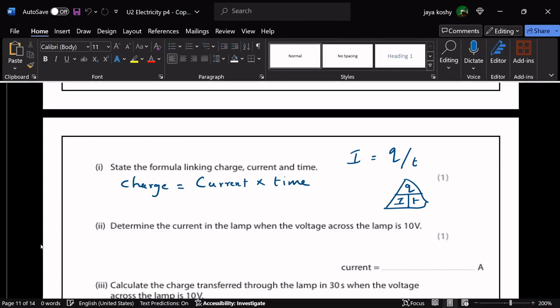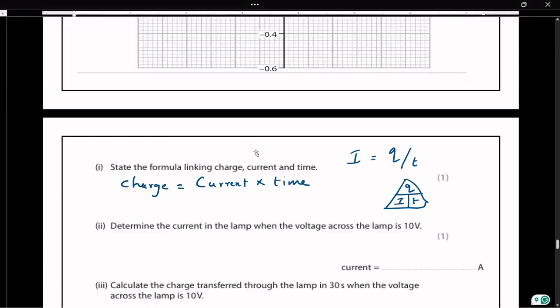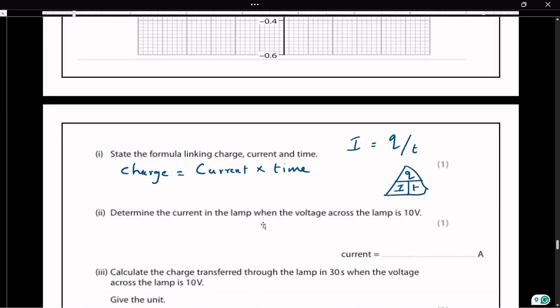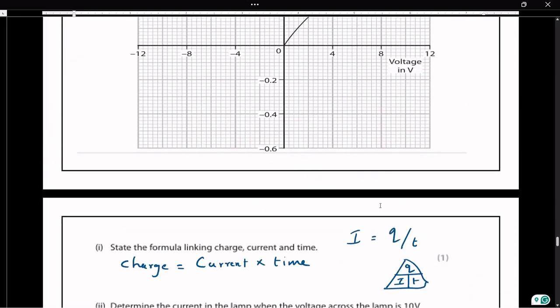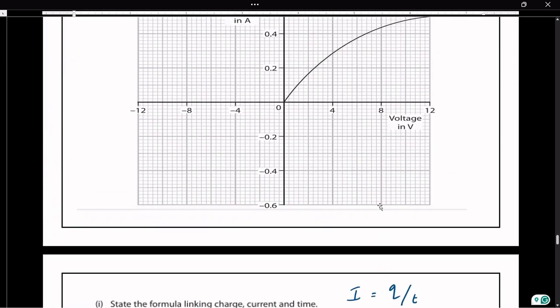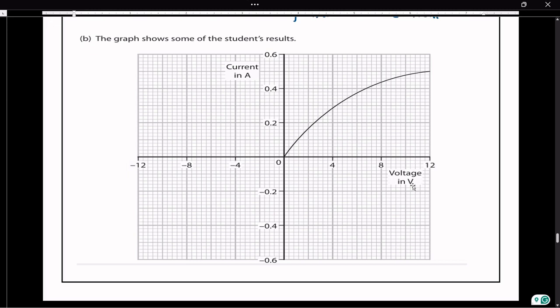Determine the current in the lamp when the voltage across the lamp is 10 volt. Let us go and see. Voltage is 10, so in the graph, here is voltage 10.